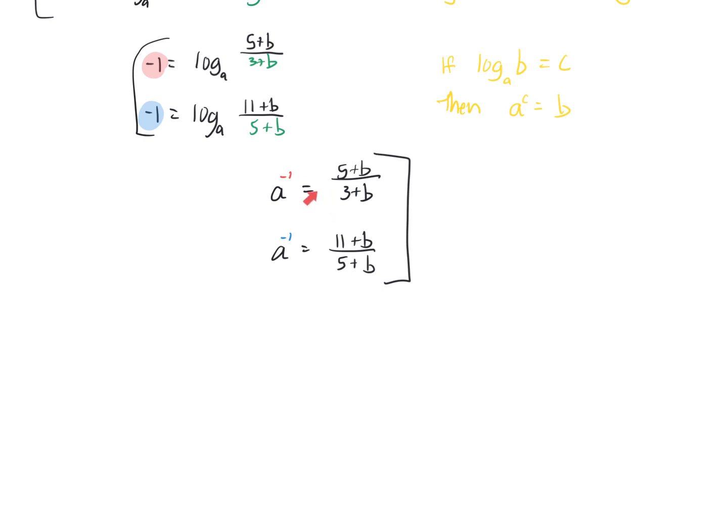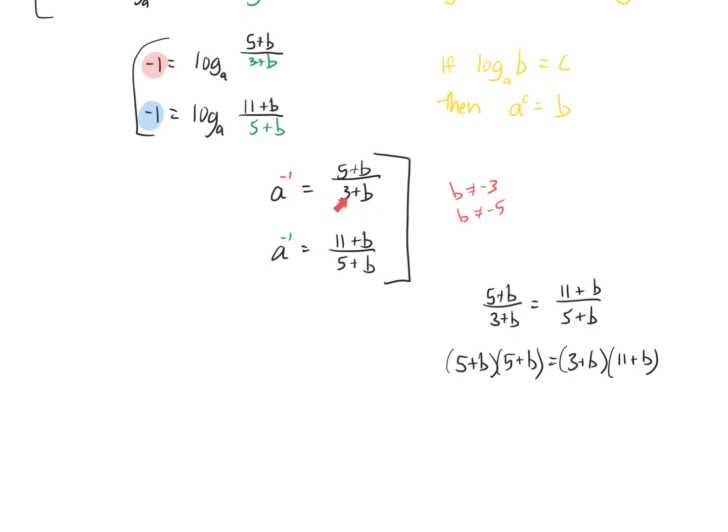All right, so by the transitive property, these rational expressions have to be equal to each other. They're both equal to the same thing. So when we solve this equation, we will know b. Once we know b, we can substitute it back in, and then we'll know a, and onward. It bears mentioning that b cannot be -3, nor can it be -5. Otherwise, these expressions would be undefined.